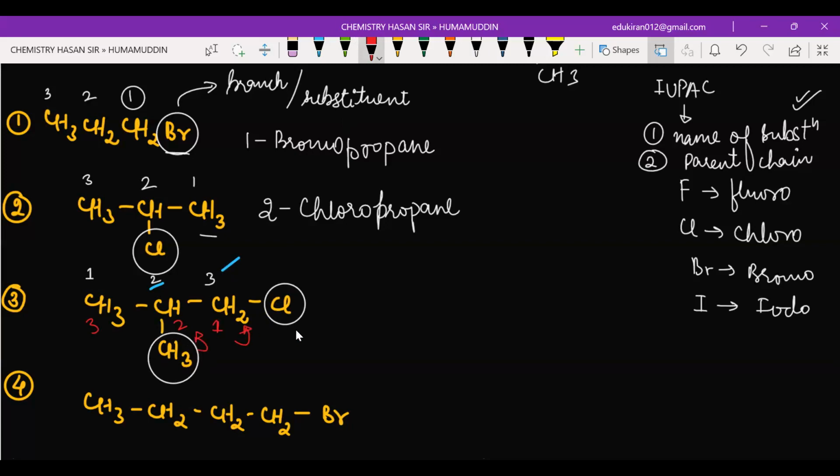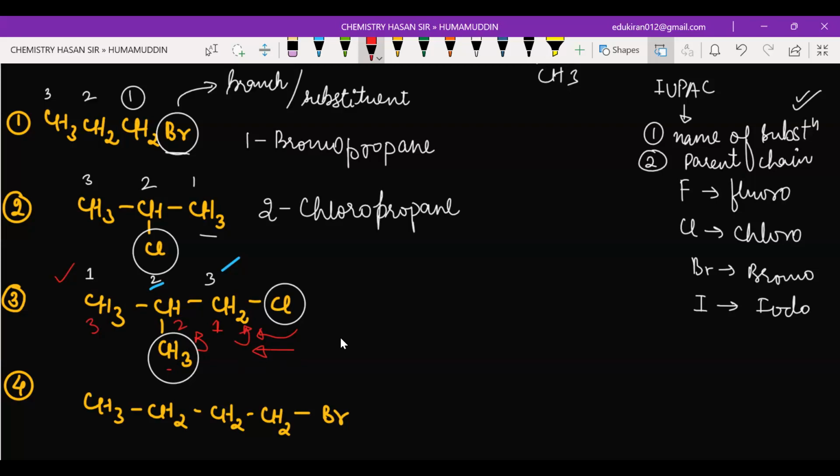So you can see from the right hand side you will get the branch earlier than the left hand side. Yes or no? From the left hand side you get the first branch at second position, and from the right hand side you get the branch at first carbon. Isn't it nearer? Yes, sir.